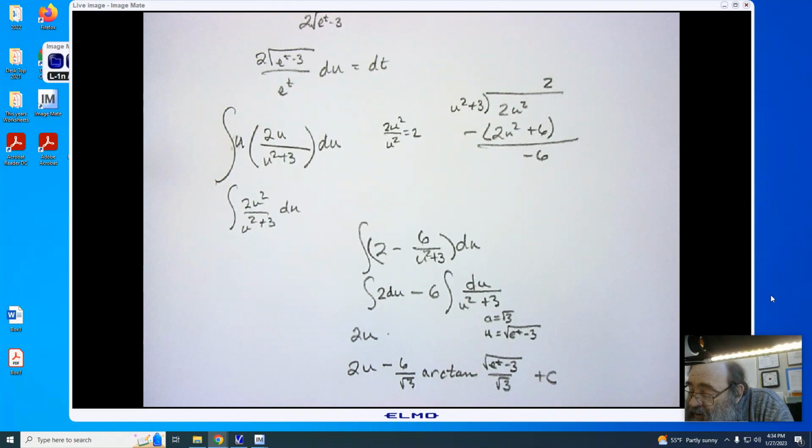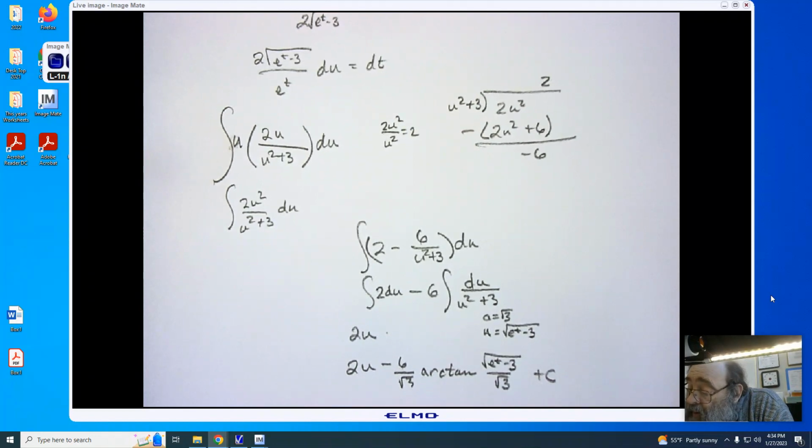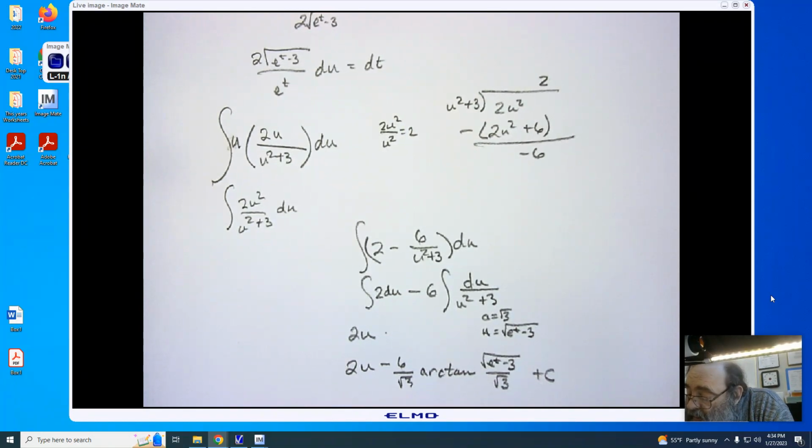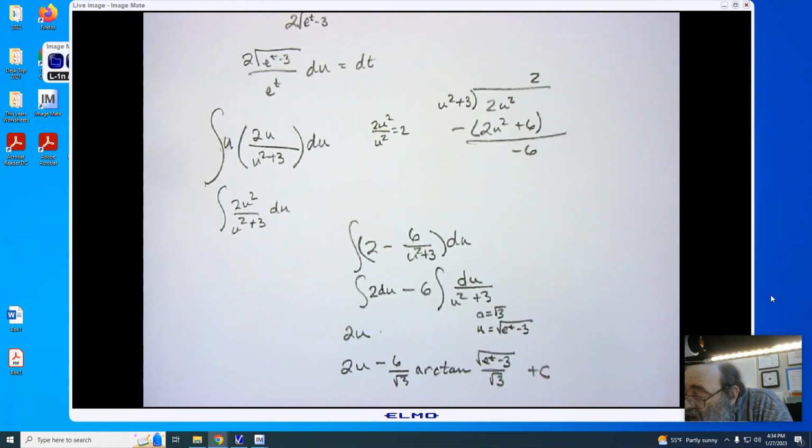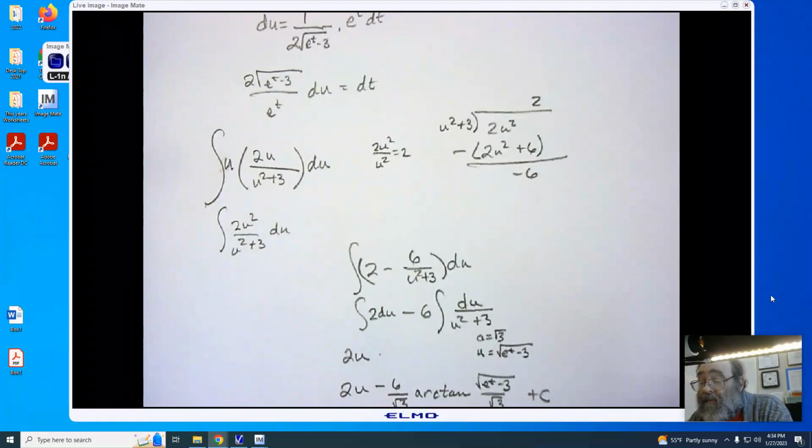I'm going to back substitute again so that I have 2 square root e to the t minus 3. This simplifies into 2 root 3 arc tangent, and this simplifies into 1 radical e to the t minus 3 over 3, the quantity plus c. And there is my answer to number 43.